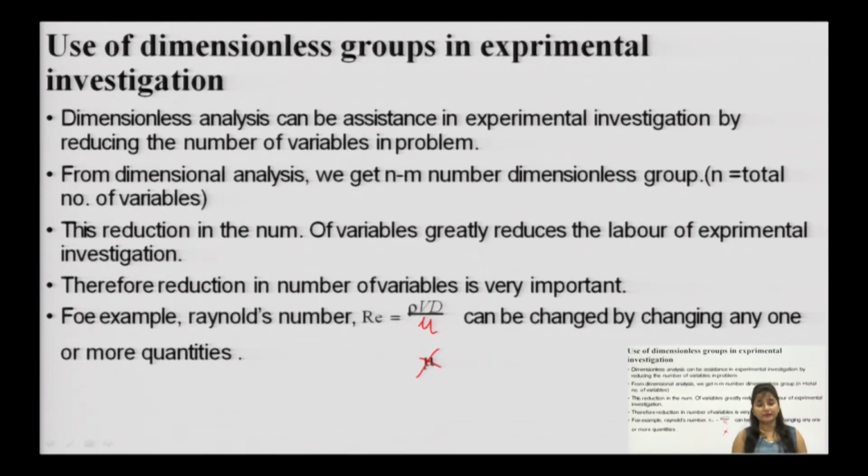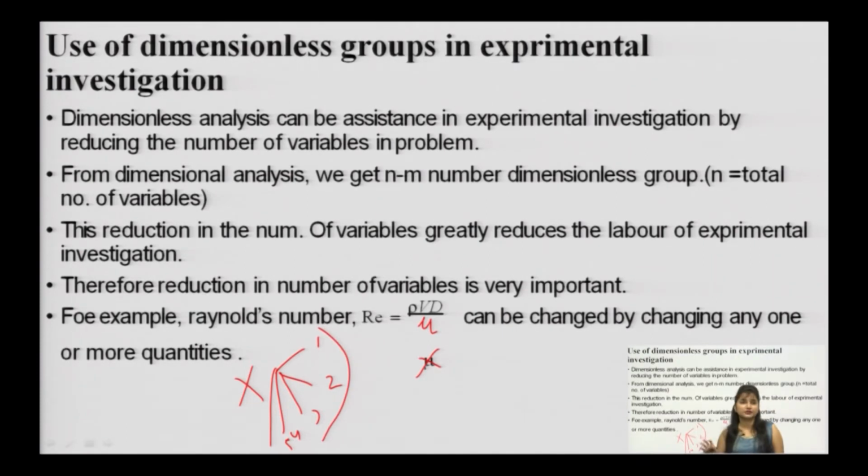Dimensional analysis can assist in various experimental investigations, and it reduces the number of variables. For example, if there is a phenomenon x dependent on 5 other variables, these dimensionless groups help in reducing the number of variables in the complex situation which you might be studying.